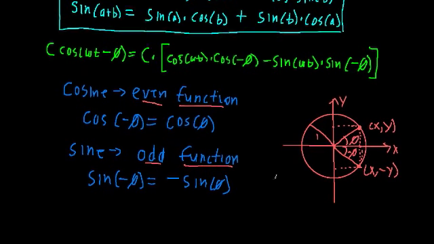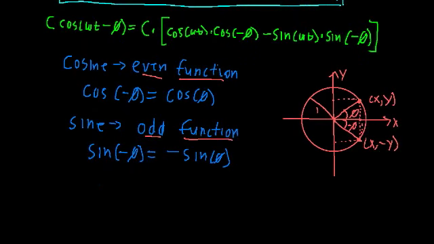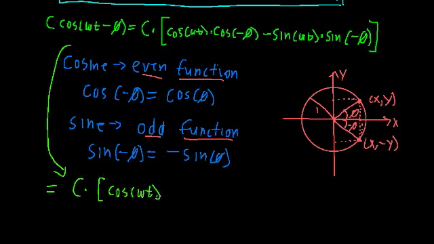So that was a quick little aside, but let's get back to applying that for our problem. Let's plug that in here. This is equal to C times, in parentheses, cosine omega t times cosine of negative phi, which is the same as cosine of phi, minus sine omega t times sine of negative phi, which is negative sine phi.